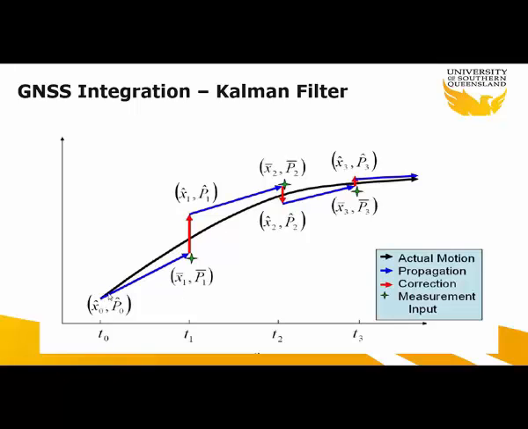If we have the position from GNSS every second, you can see that we can correct the position we've measured using the IMU and integrate that position with GNSS. We can correct it to the actual measurement.